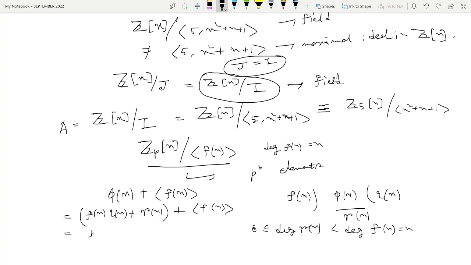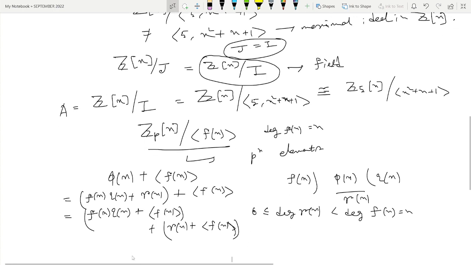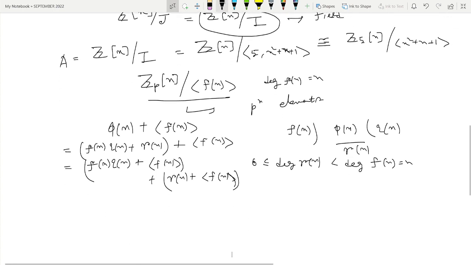This can be written as fx into qx plus the ideal, plus rx plus the ideal generated by fx. Since fx belongs to this ideal, this is actually 0 plus rx, so it is rx plus the ideal generated by fx.